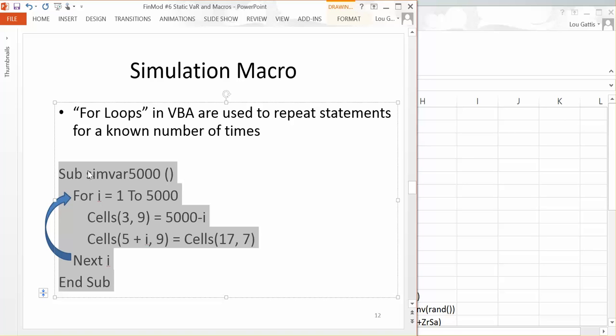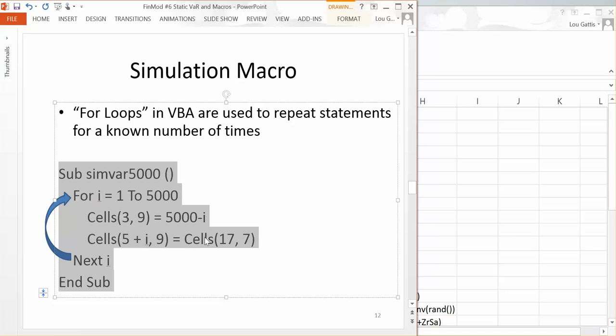So this macro is going to put in my spreadsheet in row 3, column 9, the number 5,000 minus I. Then it's going to put in my spreadsheet, row 6, column 9, whatever is in Cells(17,7). It's going to do Next I, set I equal to 2. My countdown goes to 4,998. Then it's going to put in Cells(5 plus 2), 7th row, 9th column, what's currently in 17,7. And that 17,7 is updating all the time.